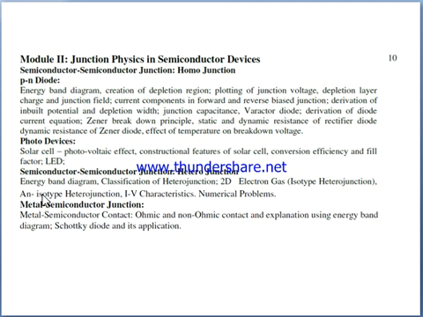Under this topic, there are the energy band diagram, classification of heterojunction, 2D electron gas, isotype and anisotype heterojunctions, their IV characteristics and theoretical problems, which we have already discussed in previous classes.